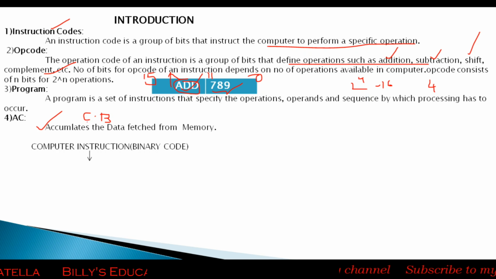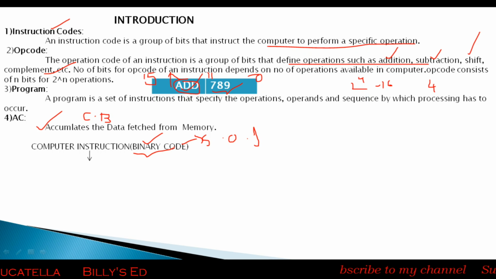What is a computer instruction? A computer instruction is in the form of binary code and specifies the sequence of instructions. In the first step, I explained how the instruction is stored.